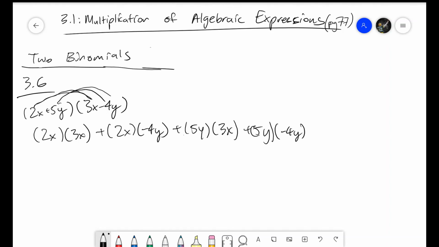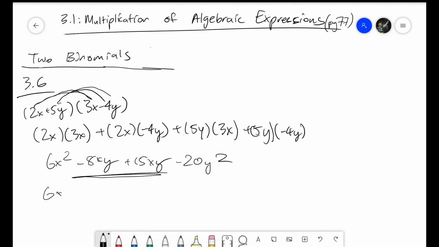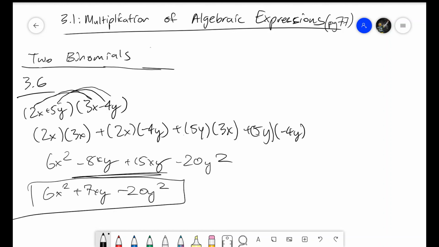This is equal to 6x squared minus 8xy plus 15xy minus 20y squared. And you can combine these two terms, and that gives 6x squared plus 7xy minus 20y squared. And that is the end of the video.